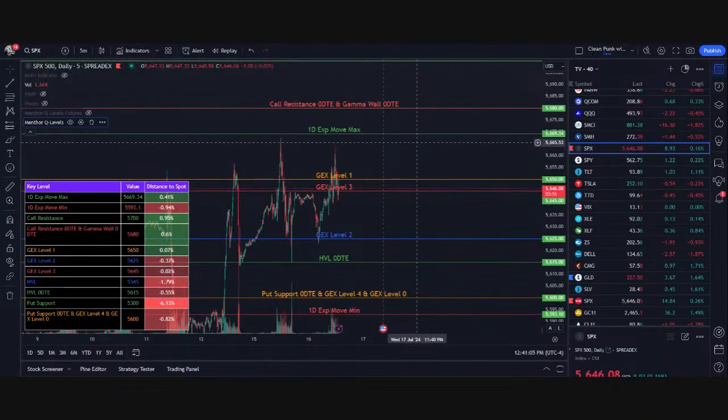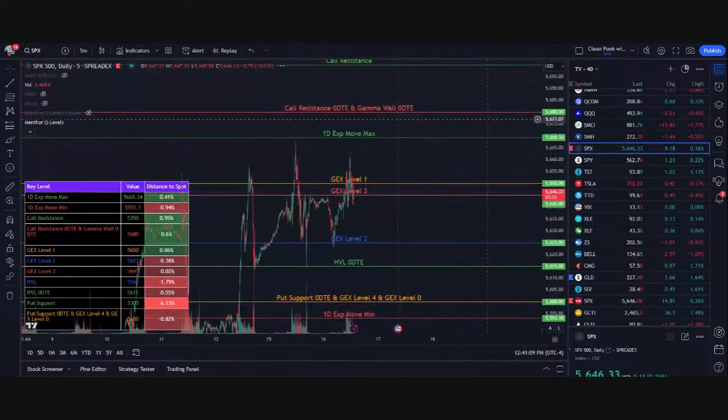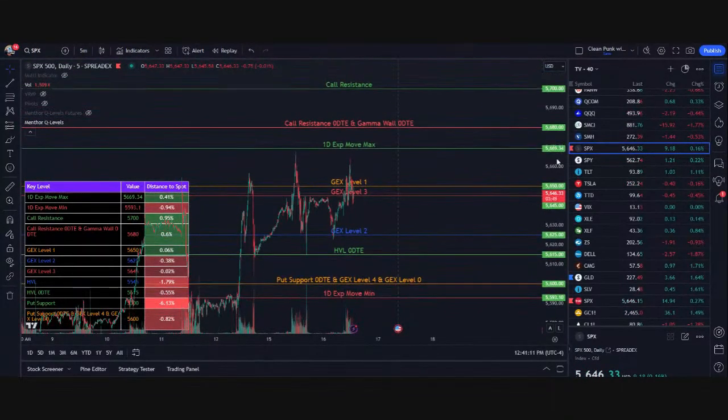MenthorQ, Fabio has now introduced a new swing model, which rather than giving just the 0 DTE levels, these are the levels based on market makers' hedging obligation based on today's 0 DTE options that expire today.